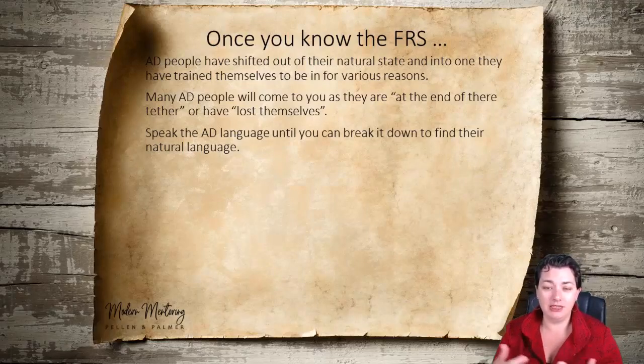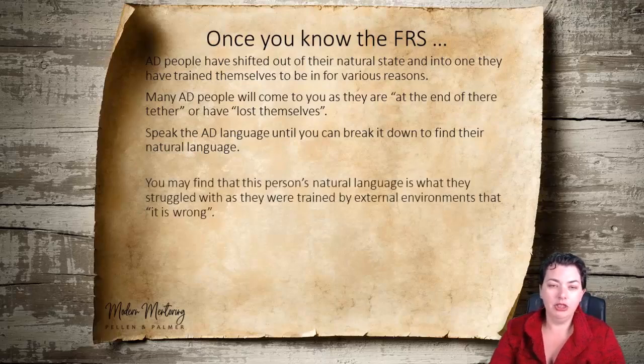And some people, they just don't want to connect with themselves anymore, especially if they're kinesthetic people, because they've been hurt so many times. So you might find that this person's natural language is what they actually are struggling with, and they were trained by an external environment that their natural language is just wrong.